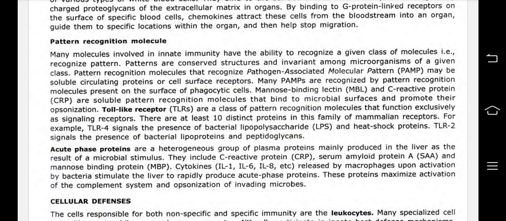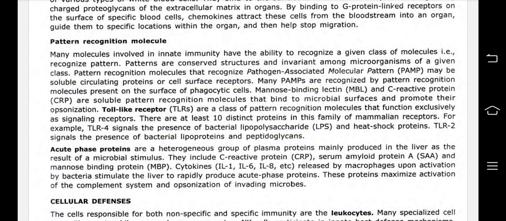Then mannose binding lectin, MBL, and C-reactive protein, CRP, are soluble protein recognition molecules that bind to microbial surfaces and promote their opsonization. Toll-like receptors or TLRs are a class of pattern recognition molecule that function exclusively as signaling receptors.